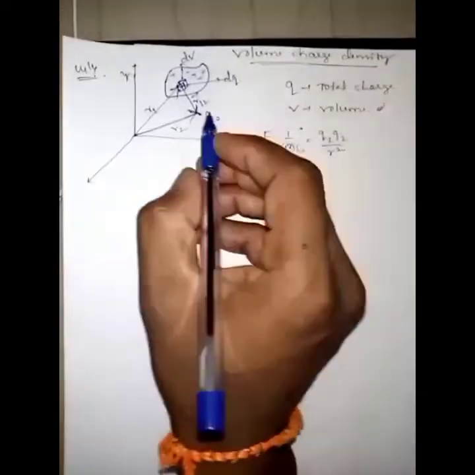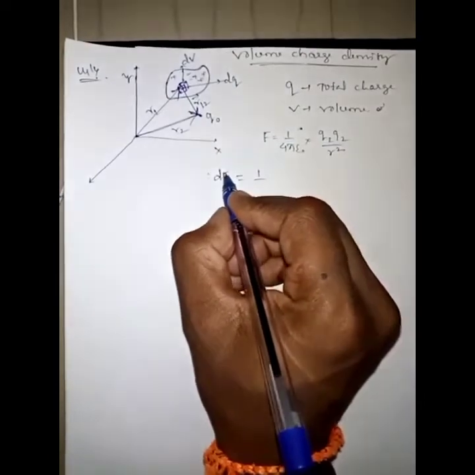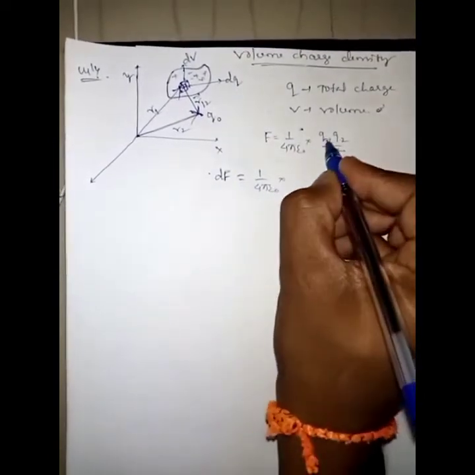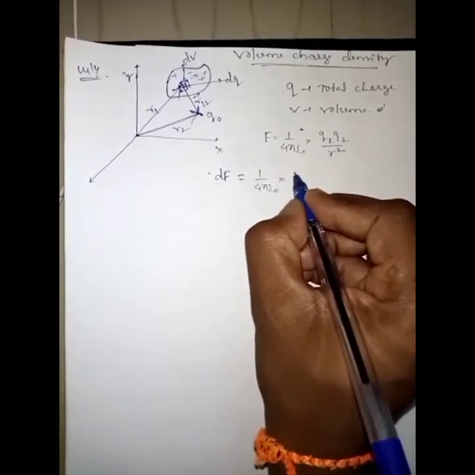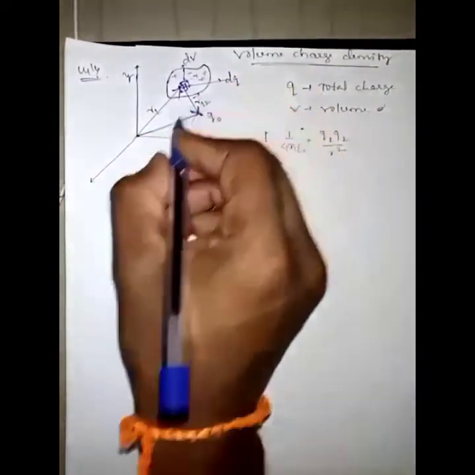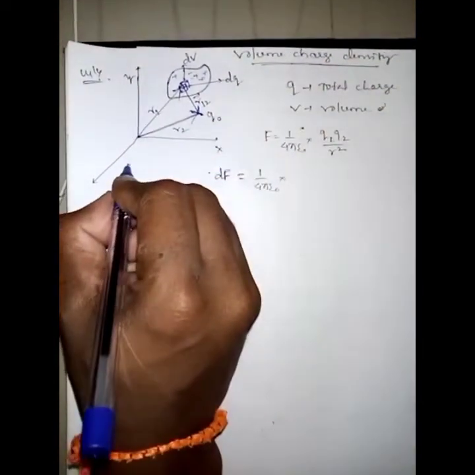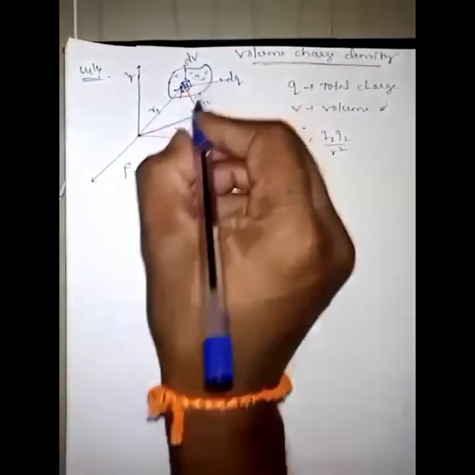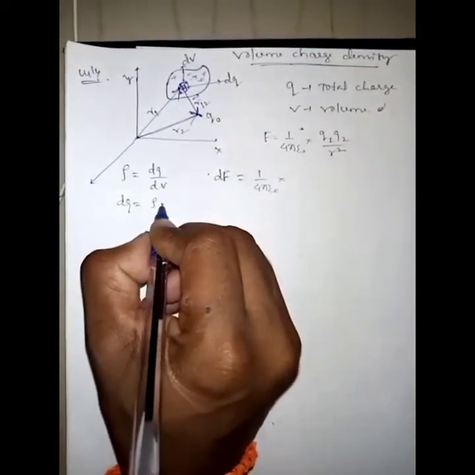Now the small element applies a small force dF equal to 1 by 4 pi epsilon naught q1 q2 divided by r square. This charge can be defined by using the volume charge density. The volume charge density rho is equal to dq divided by dV, so dq is equal to rho into dV.